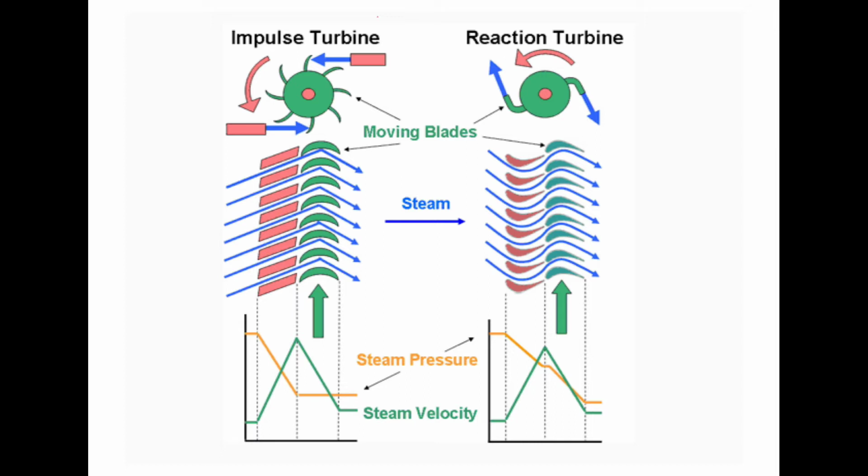After reaching the rotor blade, it will exit at another end. Here you can clearly see the steam velocity and pressure. As per the impulse turbine, the steam velocity initially starts from a lower level and increases to its peak at the entrance of the vane blade, and then the water starts to exit.